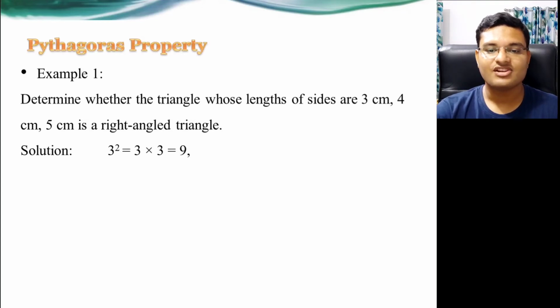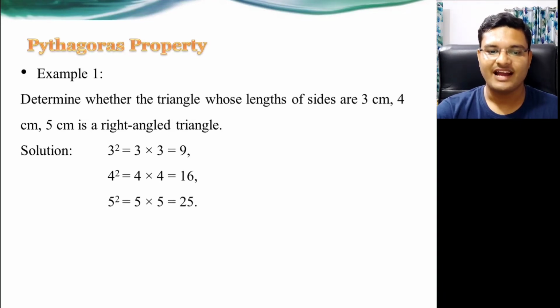We have 3 square equals 3 multiplied by 3 equals 9. 4 square equals 4 multiplied by 4 equals 16. And 5 square equals 5 multiplied by 5 equals 25. We are taking the squares of all these sides because the Pythagoras property is based on the squares of sides.